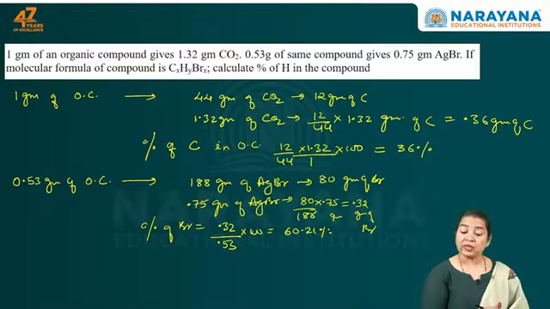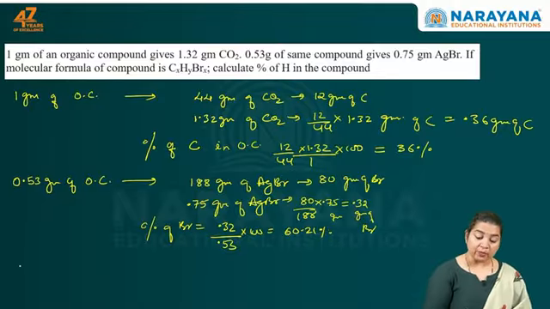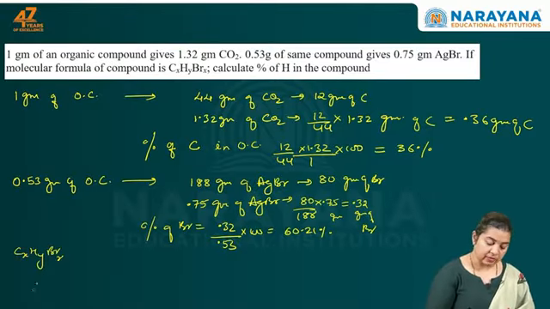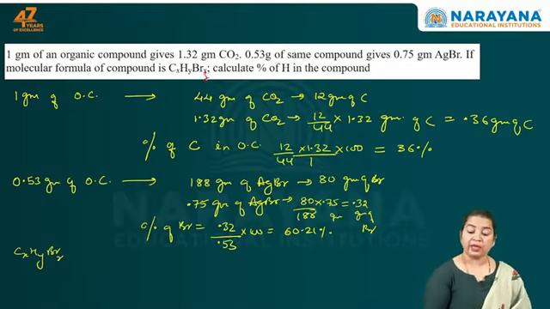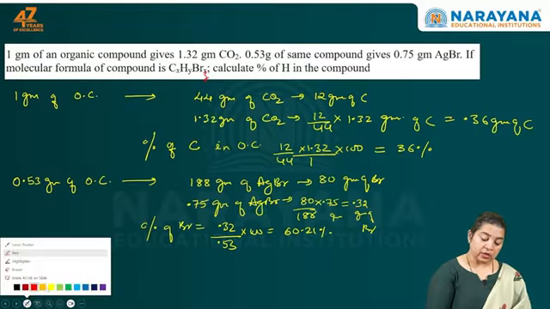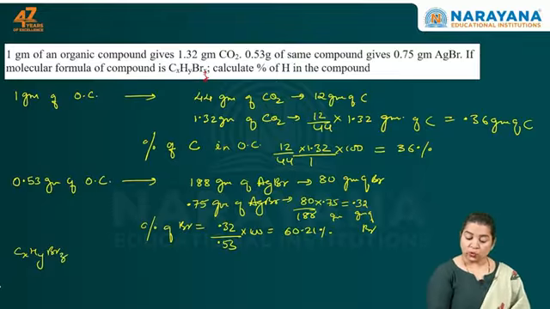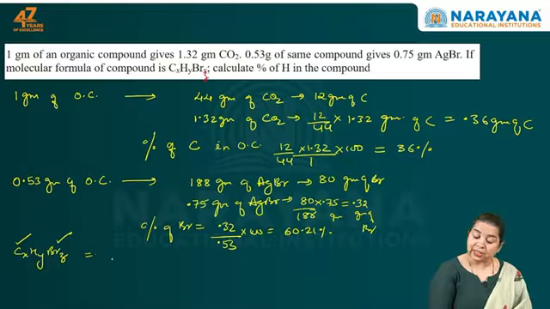Now, the question says the molecular formula is CxHyBrz, and we have to find the percentage of hydrogen. We have already found the other two, carbon and bromine, and the total percentage has to be 100.